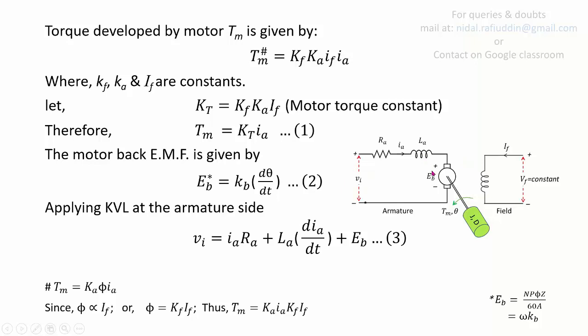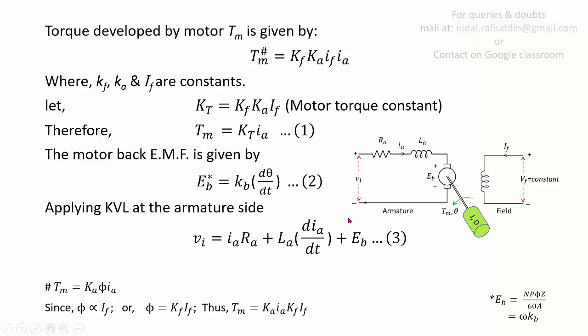Hence we applied KVL, studying the dynamics of the electrical circuit of the armature side, and then we studied the dynamics of the mechanical system. We had a relation between the electrical and mechanical systems given by this expression, Eb.